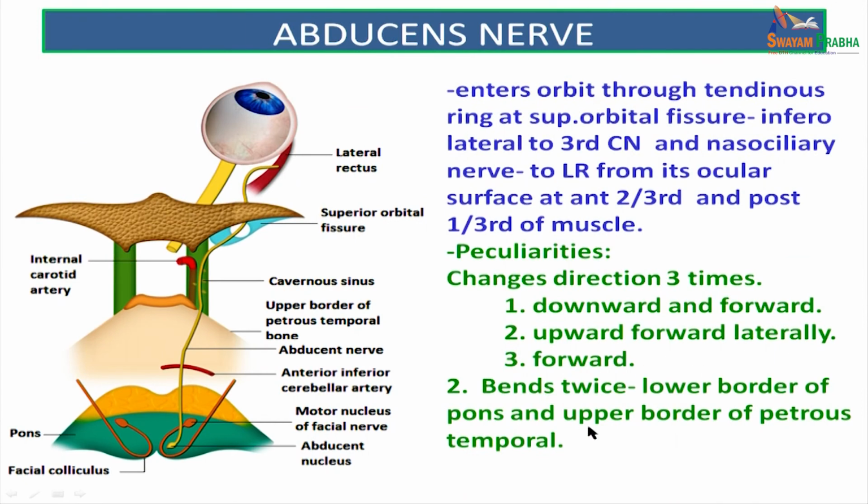So, that is how it is changing its direction thrice, and it bends twice at the lower border of the pons and also at the upper border of the petrous temporal, that is corresponding to the apex of the petrous temporal, that is the Dorello's canal.